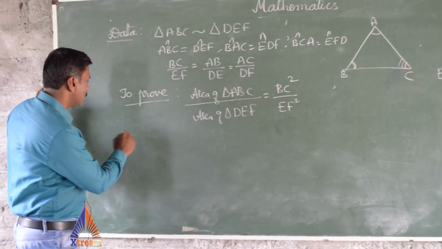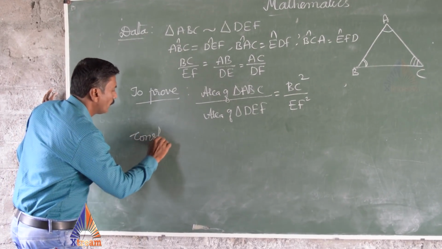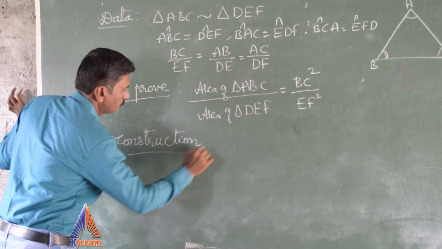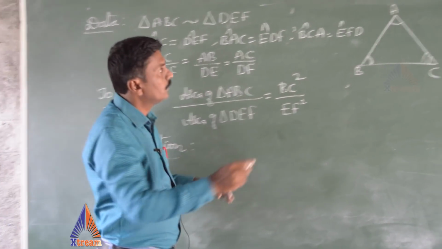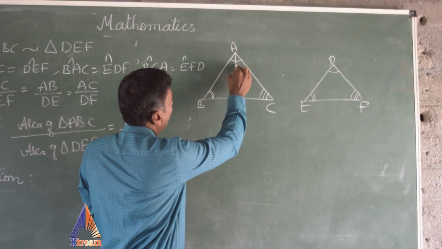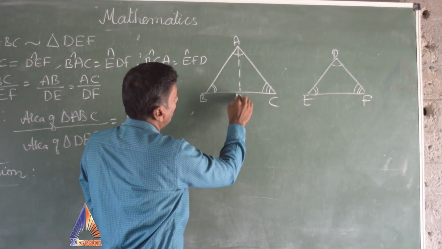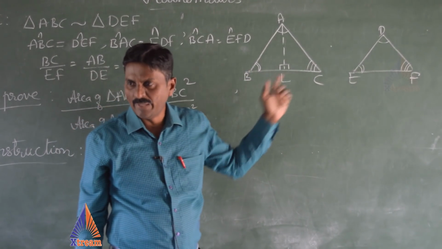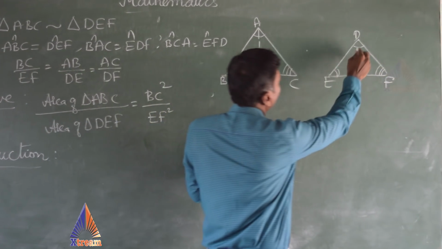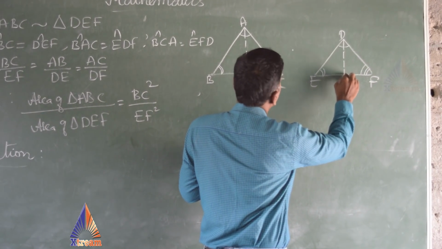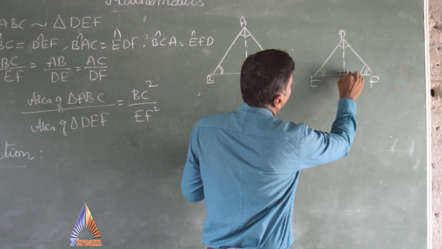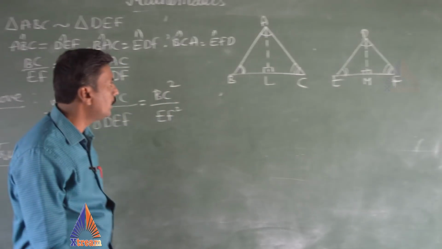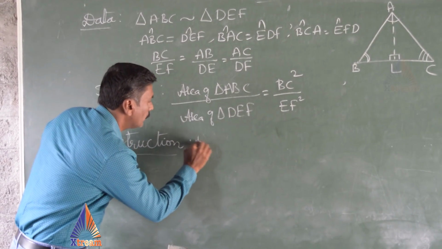Next step is construction. Let us draw AL perpendicular to BC and DM perpendicular to EF. That you have to mention here.